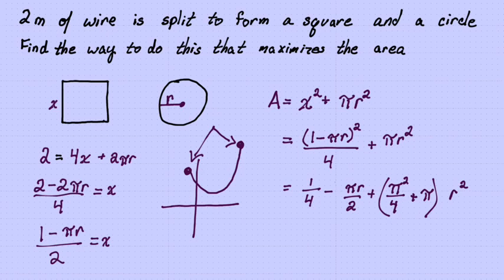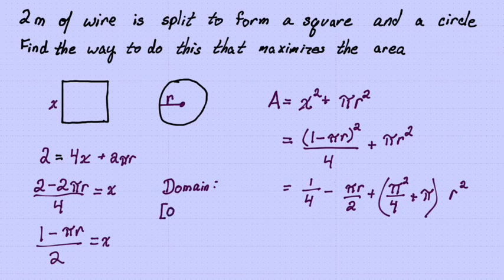So let's now think about the domain. So on the one hand, x could be 0, in which case I just have a circle. And on the other hand, r could be 0, in which case I just have a square.